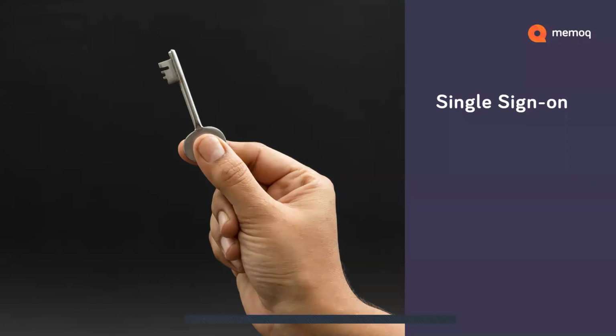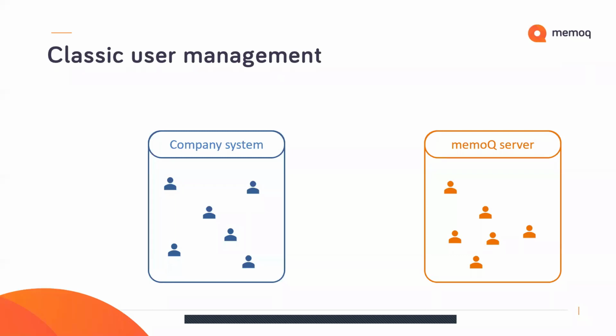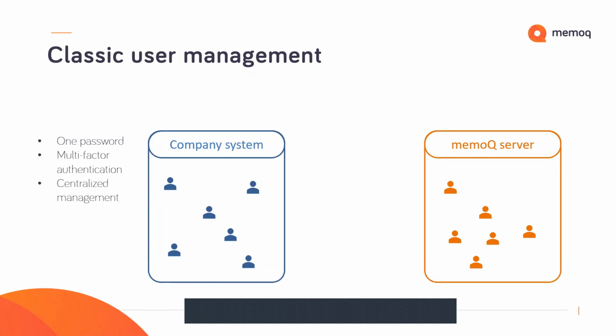So what is this single sign-on thing? The classic setup looks like this: there is a company system with a bunch of users, and there is a memoQ server with a bunch of users, and the two have nothing in common. This company system may have a lot of advantages, like users use the same password to log in to the intranet, to their email, to their instant messaging, whatnot, and also the hiring system.